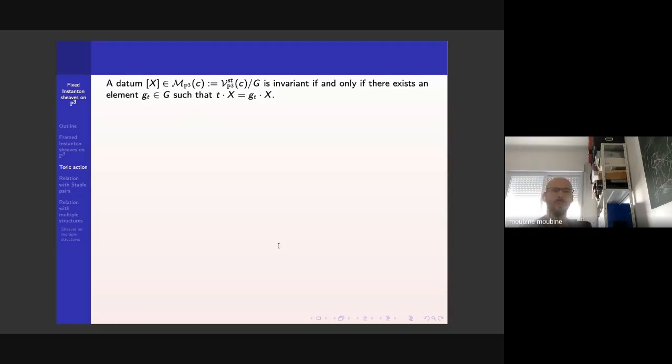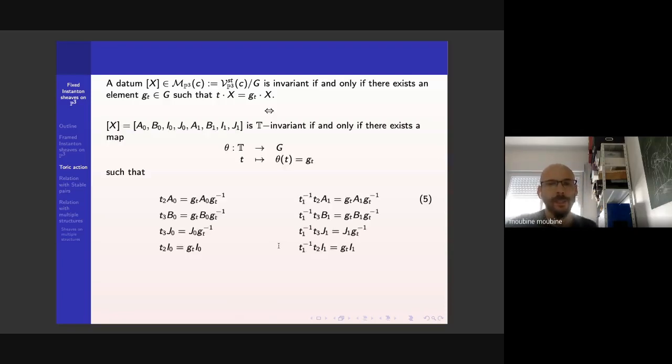If the class of a datum in the quotient space is invariant by this toric action, then the action of the torus will give us another member which is in the orbit of G. And this is equivalent to saying that there exists a morphism from the torus to G, such that when you transform these matrices, they are also transformed by G.